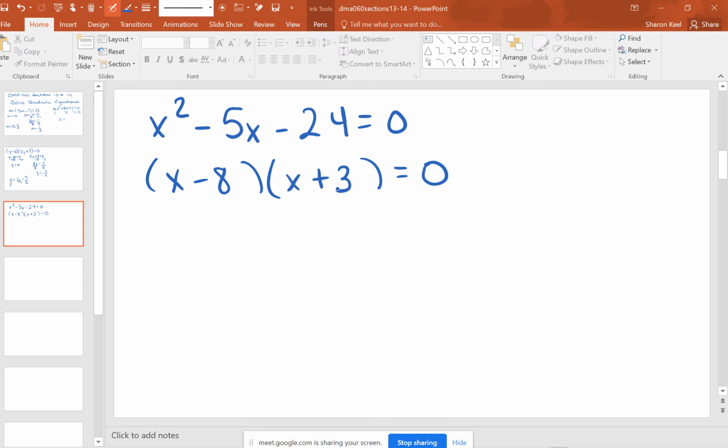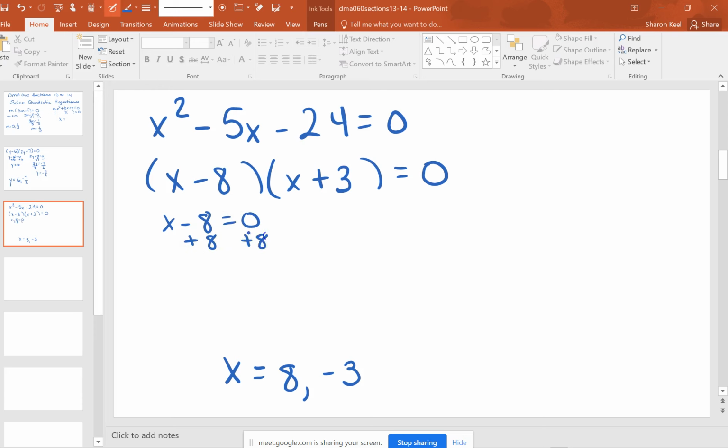You can do one of two things. I want you to get into the habit when you have it written in this form, you should be able to look at this and ask yourself, what makes this parenthesis equal to 0? A positive 8. 8 minus 8 would make that a 0. So 8 would be a solution. What plus 3 gives me 0? That would be a negative 3. But if you're still not sure how to do that, what you're doing is taking the left parenthesis, set it equal to 0.